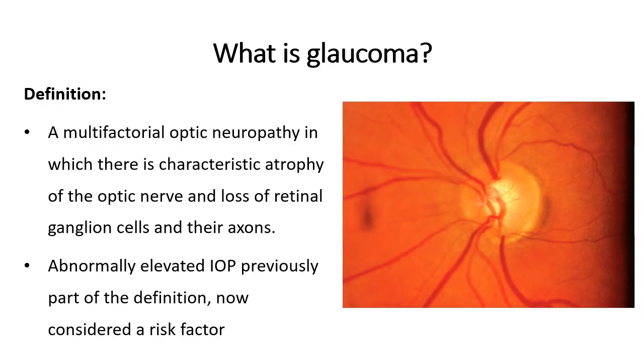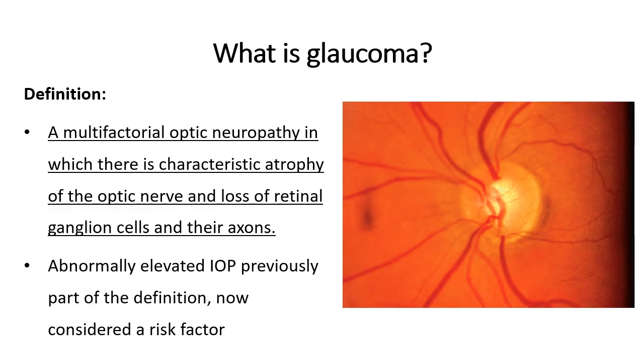So what is glaucoma? It is a multifactorial optic neuropathy. Multifactorial optic neuropathy, mind you, the definition is important, and it is progressive in nature. So it's a multifactorial progressive optic neuropathy in which there is a characteristic atrophy of the optic nerve known as glaucomatous optic atrophy and loss of retinal ganglion cells and their axons.